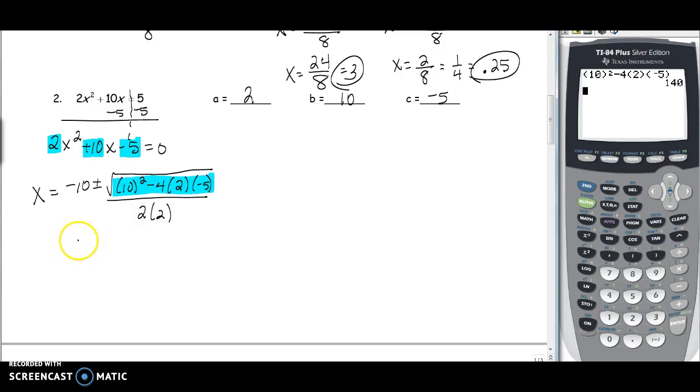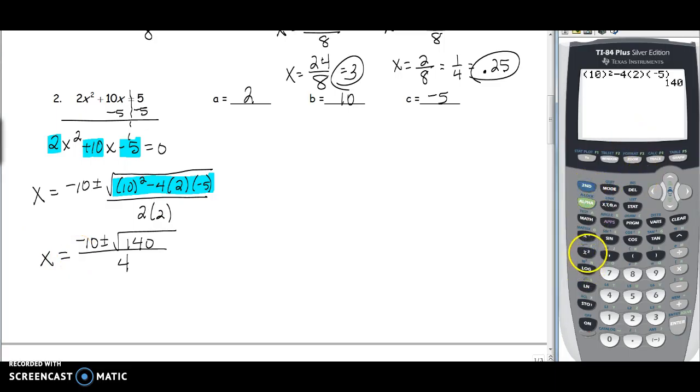So we have negative 10 plus or minus the square root of 140 over 4, because we're going to simplify 2 times 2. So the square root of 140 is 11.83215. We're going to round to the nearest tenth, so that's 1 decimal point.